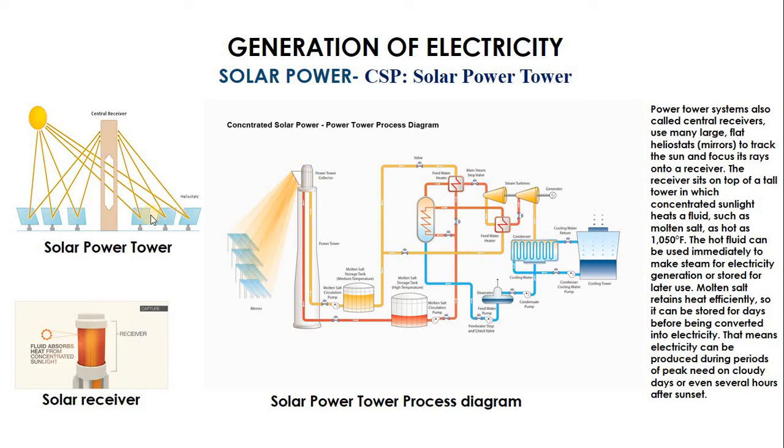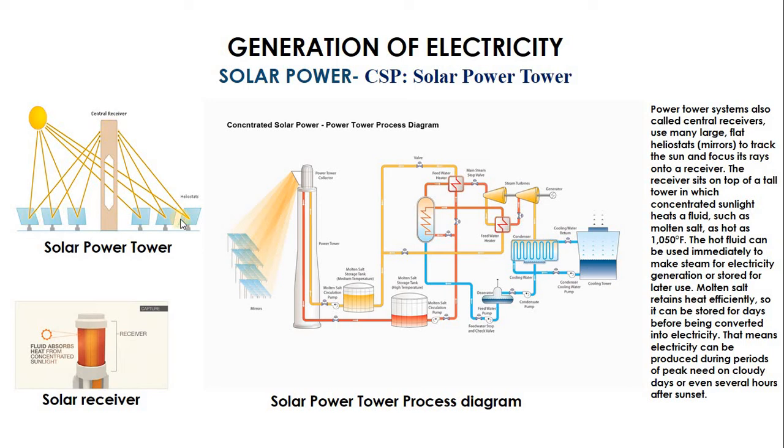So beneath the tower, we have mirrors installed, and every one of these mirrors is oriented in such a way that it reflects the heat energy from the sun onto the receiver on top of the tower.